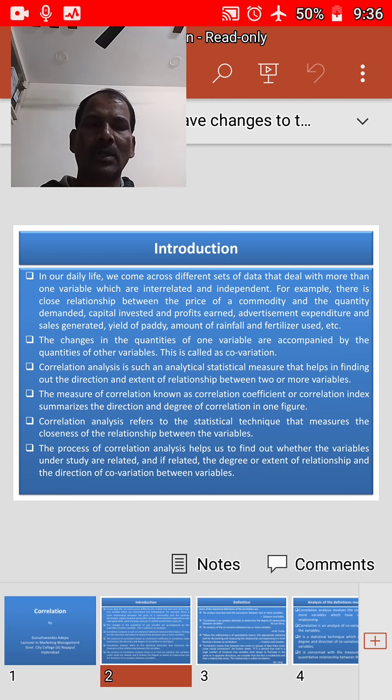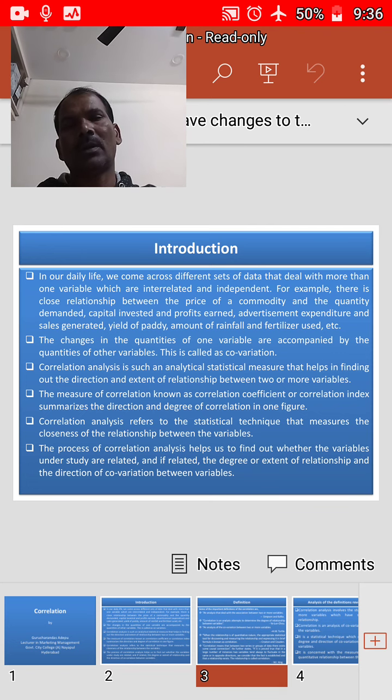Thus, correlation analysis refers to the statistical technique that measures the closeness of the relationship between the variables. The process of correlation analysis helps us to find out whether the variables under study are related, and if related, the extent of the relationship and the direction of covariation between the variables, right?